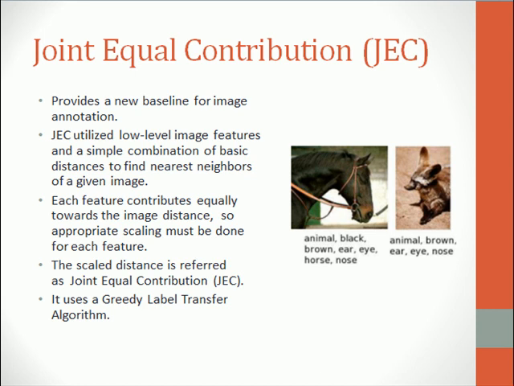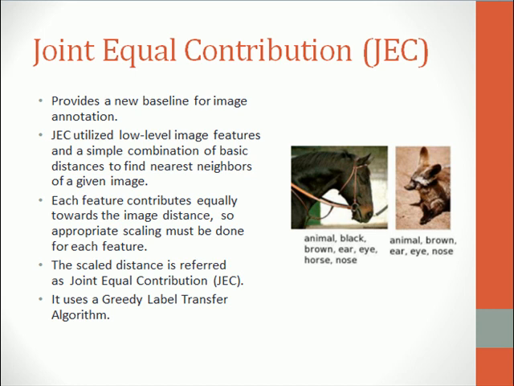Earlier, several approaches were proposed, ranging from SVMs to decision trees, to solve the problem. But in 2008, Makadia, Pavlovic, and Kumar presented a new baseline to solve the image annotation problem: JEC. JEC utilizes low-level image features and a simple combination of basic distances to find nearest neighbors of a given image.